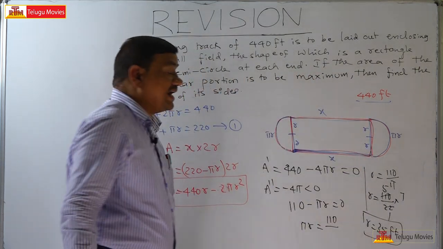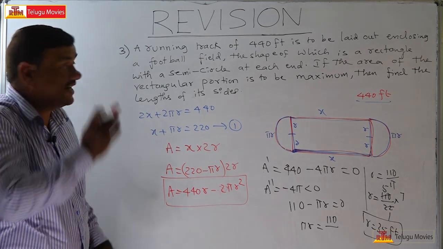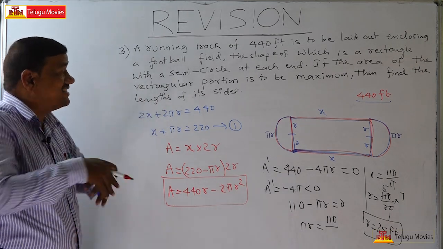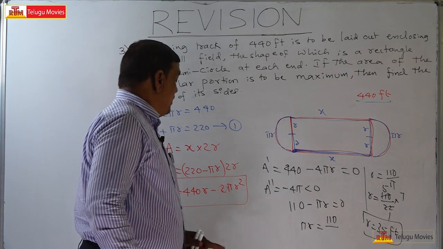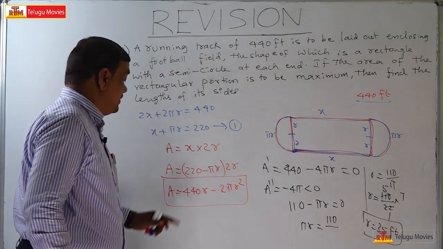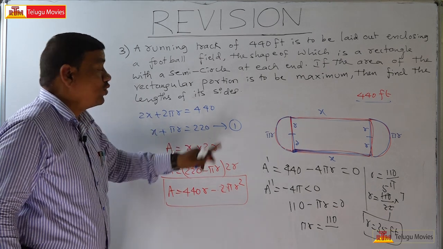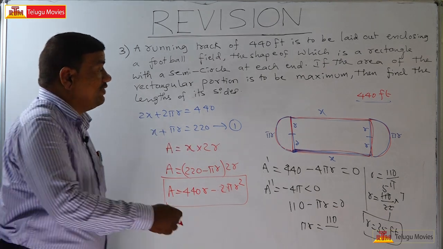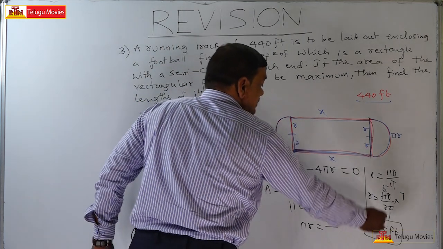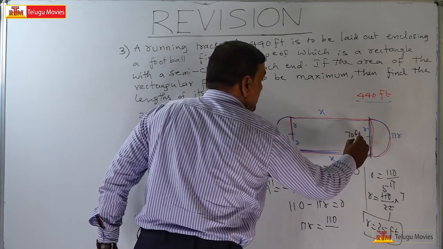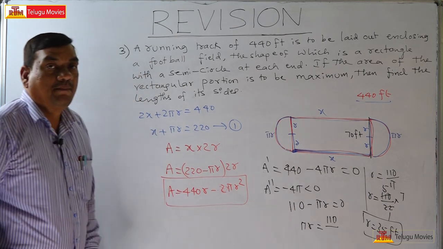Now what are the dimensions? Find the length of its sides. Here x plus pi r is equal to 220. We already know r is 35, so the breadth should be 70 feet.